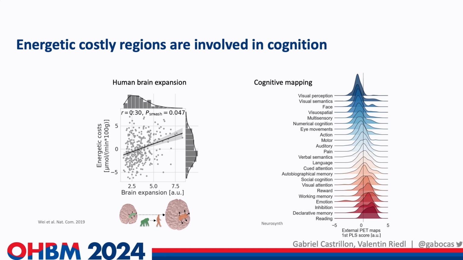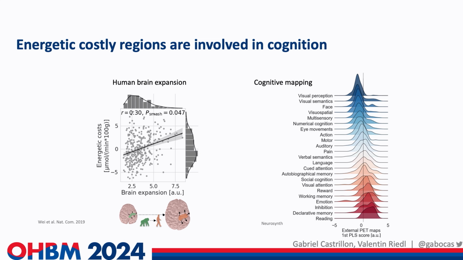The Neurosynth contains information from thousands of task fMRI studies that have linked specific functions to a specific region in the brain. 25 functions were evaluated, and what they found was that such high cognitive functions as reading and memory are actually related to these regions in the brain that have a higher density of neuromodulators.